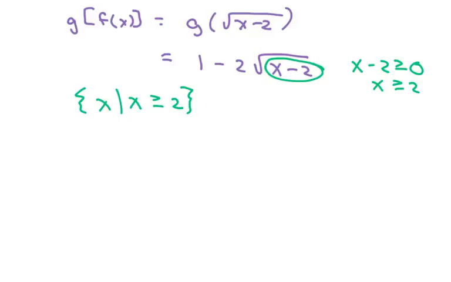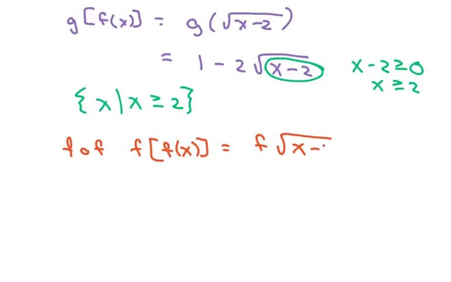And for f of f, that's f of f of x, we're going to write it as f of the square root of x minus 2, and then that's going to be equal to the square root of the square root of x minus 2 minus 2.